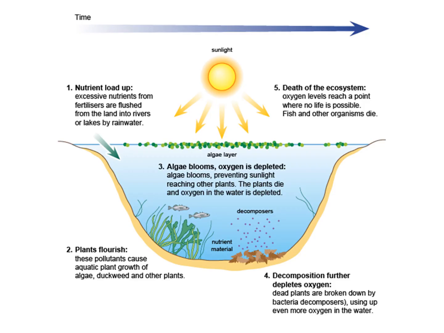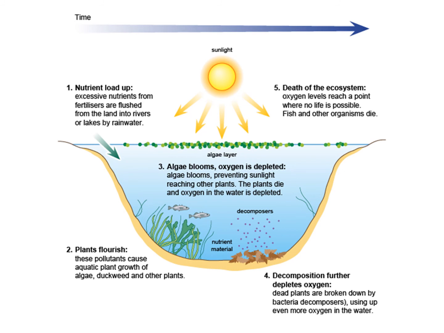Here's a lovely little diagram all about eutrophication. So the first thing that happens is excessive nutrients from fertilizers are flushed into the rivers or lakes through rain. And then the plants flourish and they cause overgrowth of algae, especially on the surface, and these algae use up the oxygen and they stop sunlight reaching the other plants.